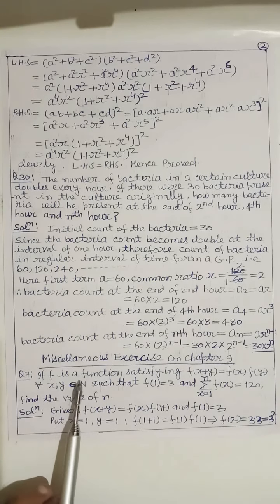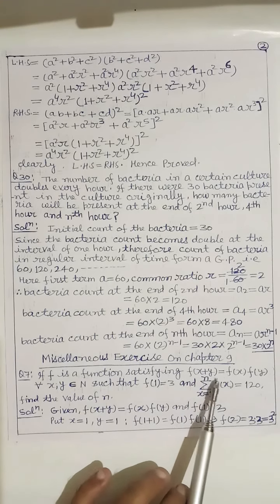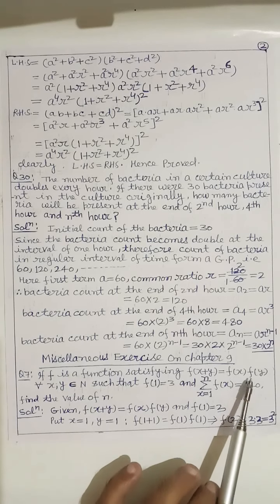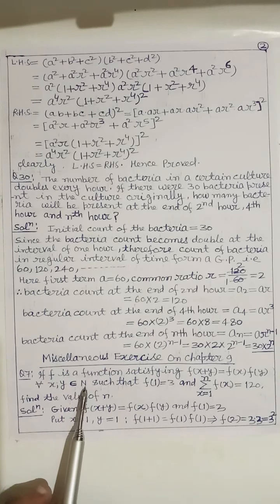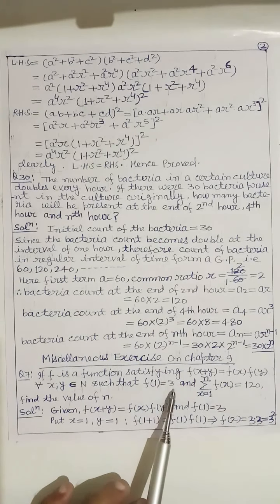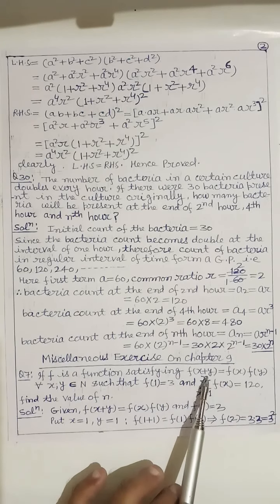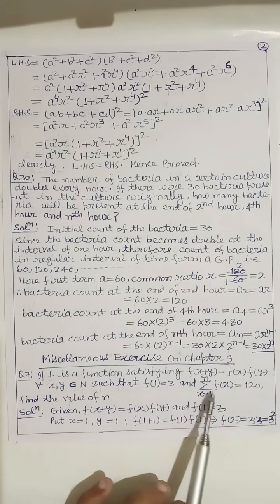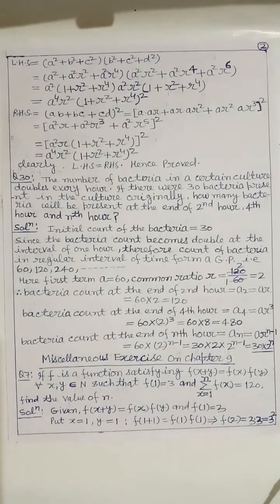If f is a function satisfying f of x plus y equal to f of x into f of y for all x, y belonging to the set of natural numbers N, such that f1 is equal to 3 and the summation of f(x) where x varies from 1 to n is equal to 120. Find the value of n.